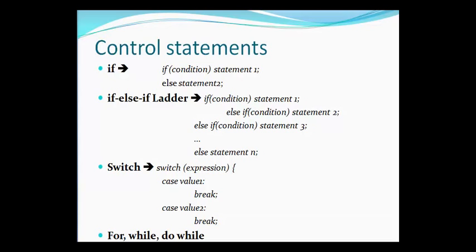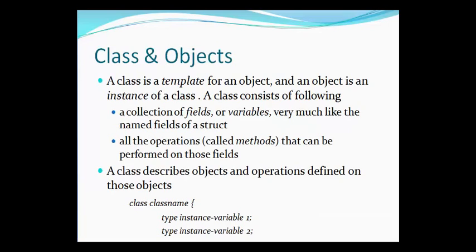In the last, we use for, while, do while. Now let's discuss classes and objects. As we discussed before, Java is all about objects and classes. A class is a template for an object, and an object is an instance of a class. A class is declared by use of the class keyword.